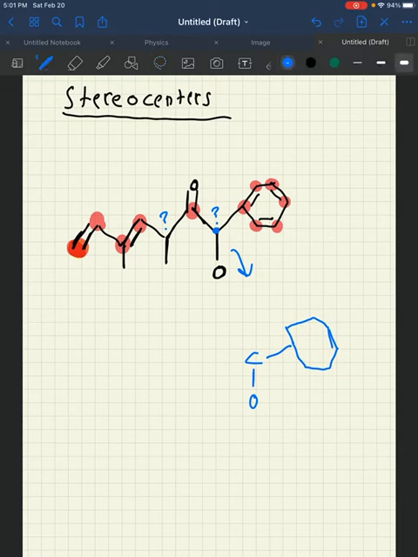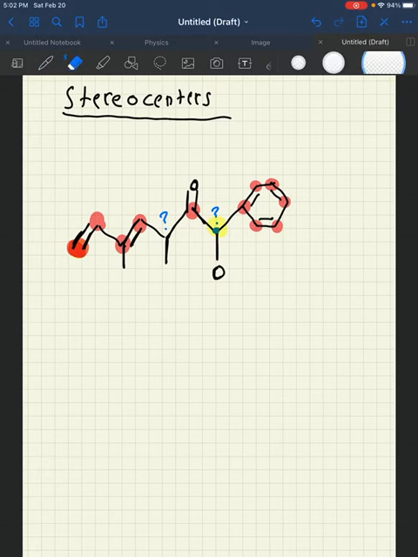Okay. We also have this carbon bonded to a hydrogen, and we have it bonded to an oxygen group like that. A carbon bonded to an oxygen. So we can attest, my friends, we have found a stereocenter right here. So mark that, asterisk it, however you want to do it. Just mark it down as a stereocenter.